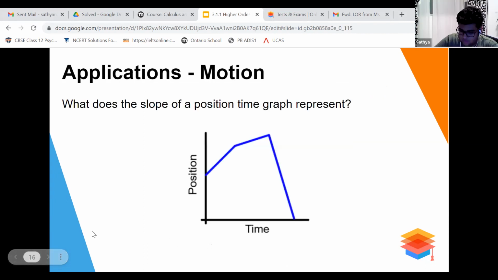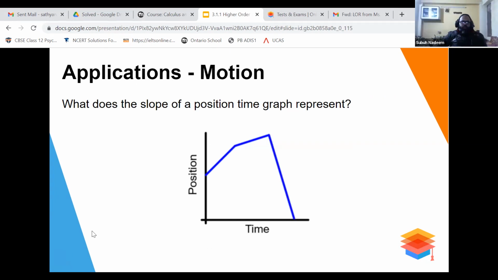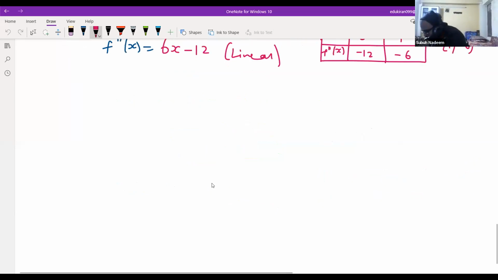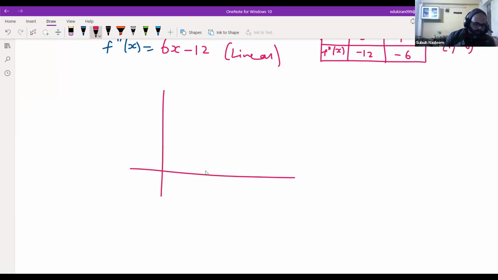Now we have the applications. What does the slope of a position time graph represent? So let me take the picture here. The position time graph is the derivative of position with respect to time.